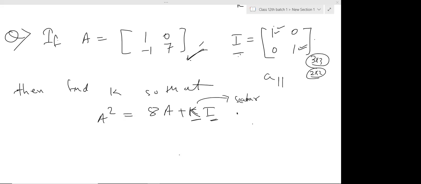Sir, when multiplying 8 with A, we multiply 8 with every element, right? Right. When you multiply a scalar to a matrix, it is multiplied by all the elements of that matrix.